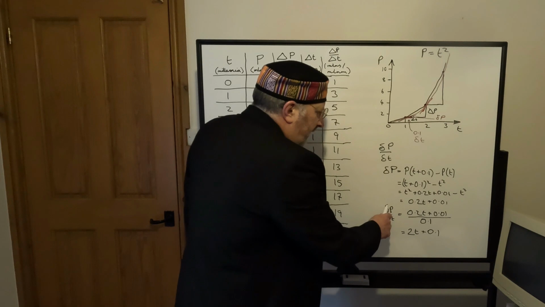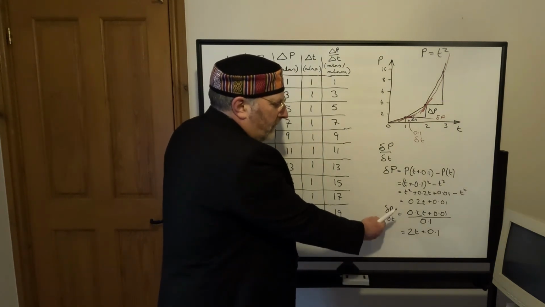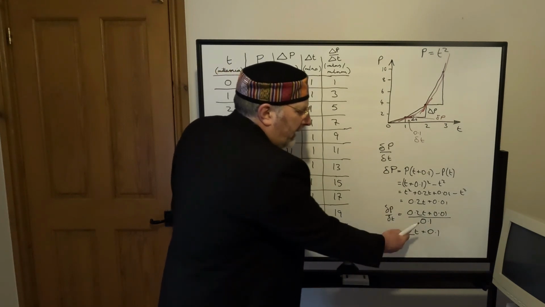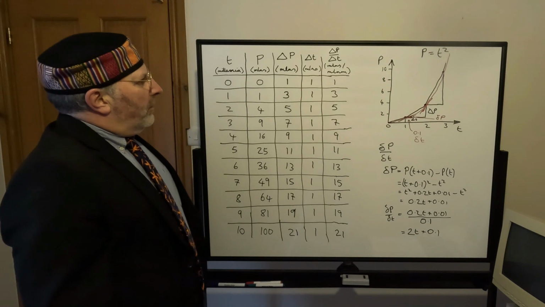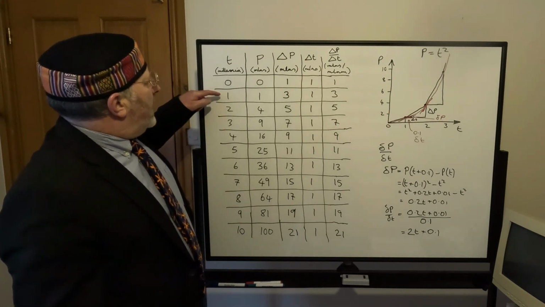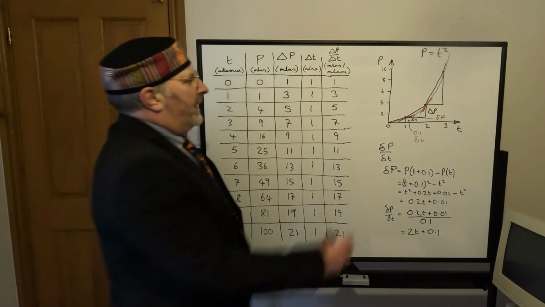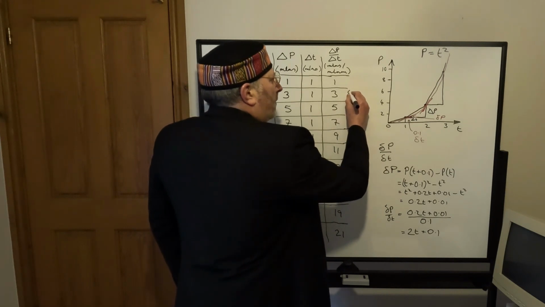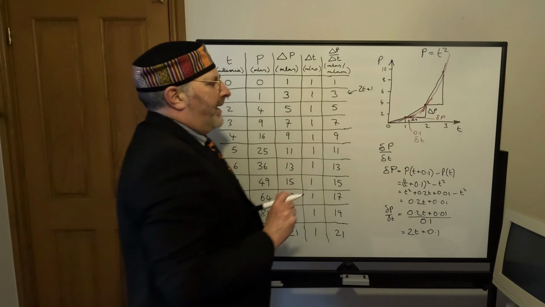So we've now got this better estimate for the slope, the rate of change. It's delta p over delta t is 2t plus 0.1. So when we calculated, for example, the rate of change at time step 1, before we had 2t plus 1 and it came to be 3.